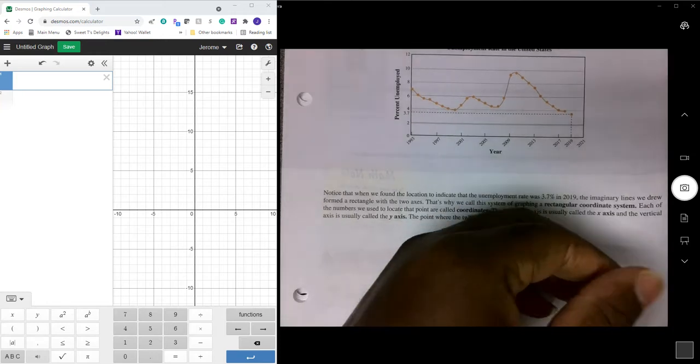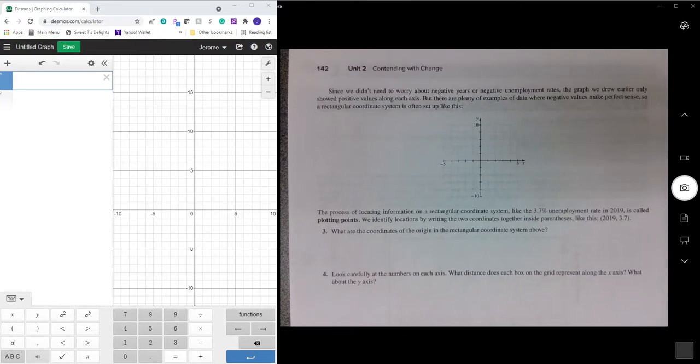Okay, now we can actually skip over that part and get on to page 142. It says, since we didn't need to worry about negative years or negative unemployment rates, the graph we drew earlier only showed positive values along each axis. But there are plenty of examples of data where negative values make perfect sense.